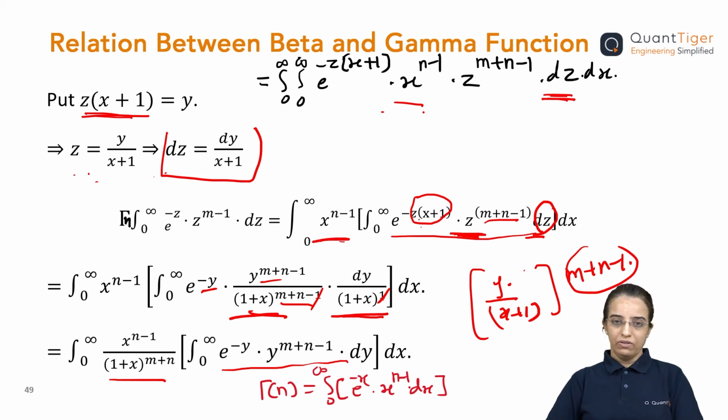Before you take the integration, see if you can find something for it. If you observe, this is nothing but our gamma function. You can see here the term inside the square bracket. What can we write about it? It's a gamma function.